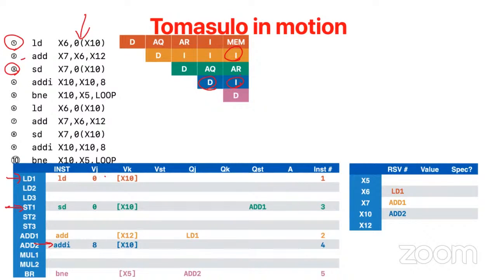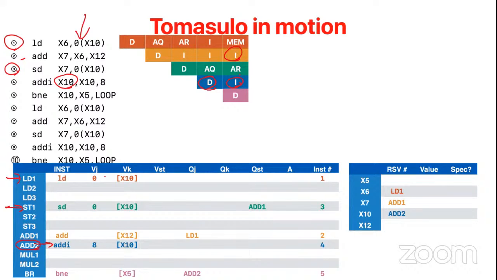And for this X10, the additional X10 value that is generated will be put into add 2, right? So we are not actually overwriting.